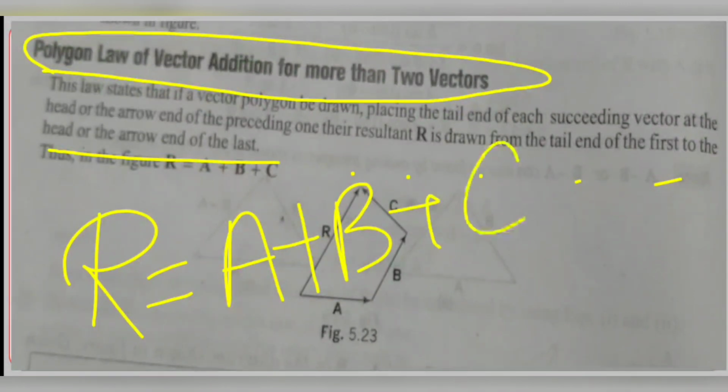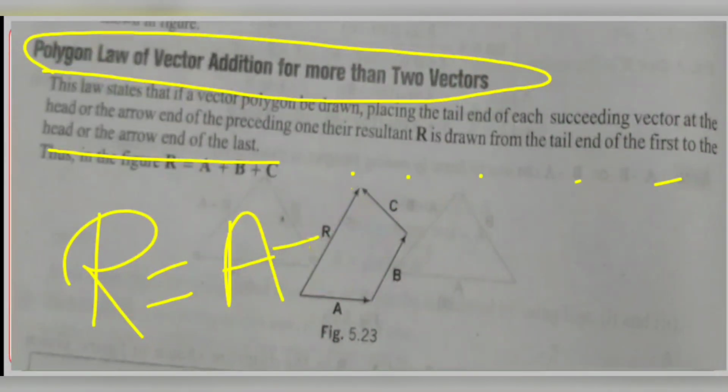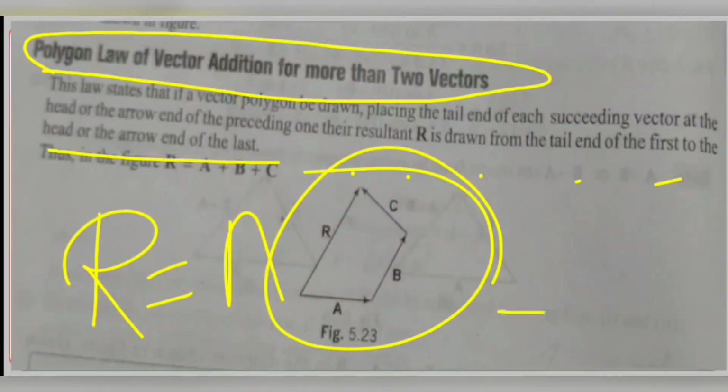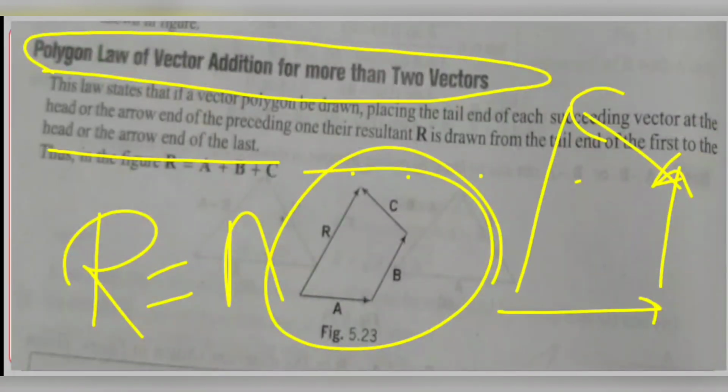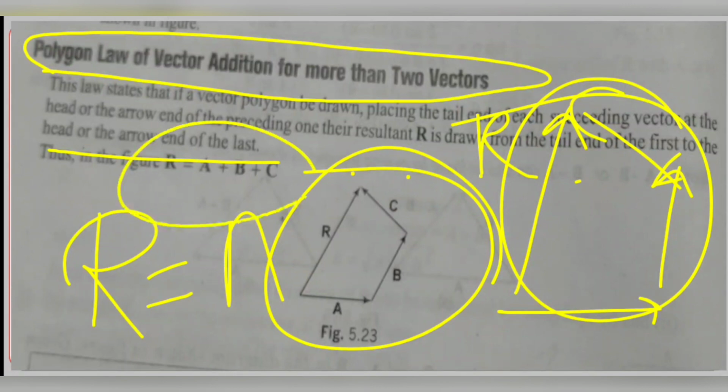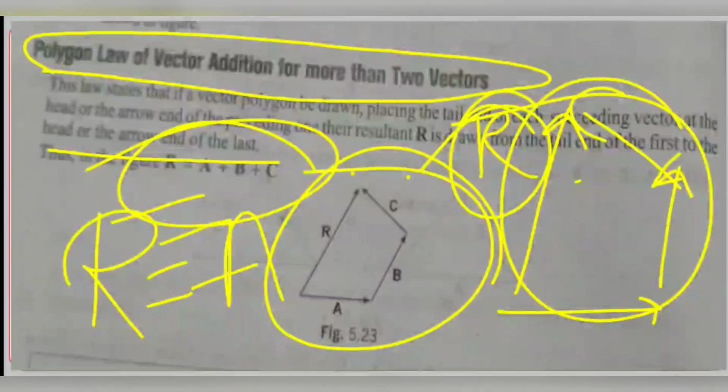Here you see the diagram. Here we have vector A, vector B and vector C, and with this joined, a polygon is formed, and we say that A plus B plus C is the resultant vector.